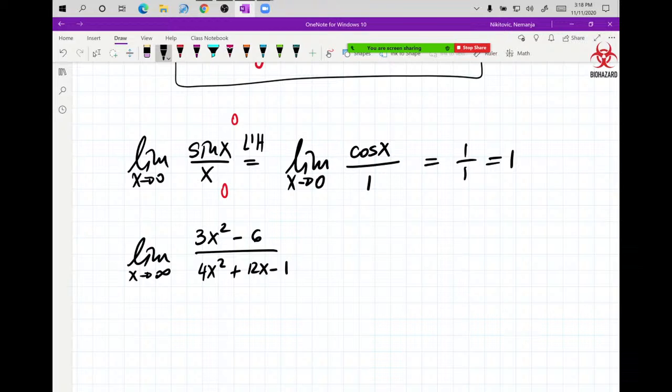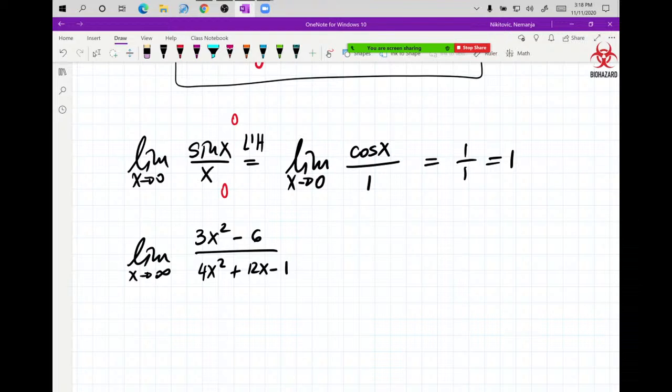That was what we learned all the way back in pre-calculus. So the answer is 3/4 because both of these are x squared and x squared. Then we learned in Calculus 1 in chapter 3 that we can divide everywhere by x squared. And when we do that arithmetic, it works out to be 3/4 again.